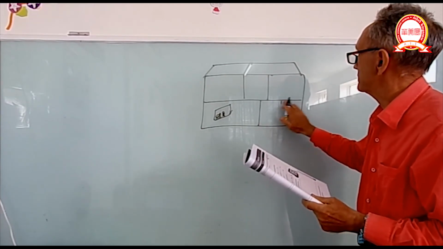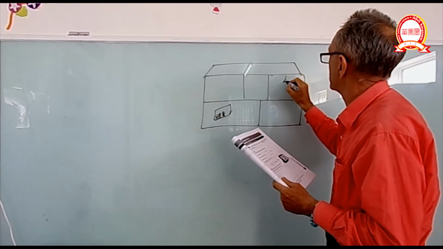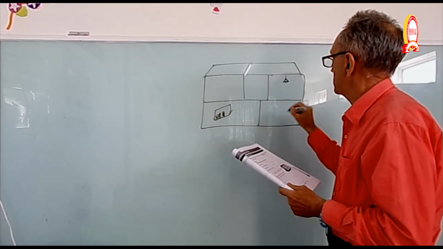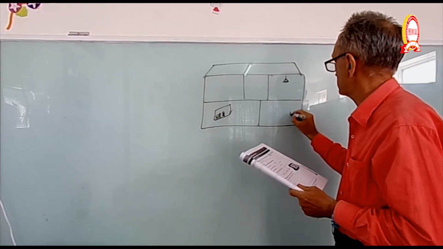No, that's not bedroom, is it? That's the kitchen. Silly teacher. In your bedroom, there's a light. In the kitchen, maybe there's a washing machine.